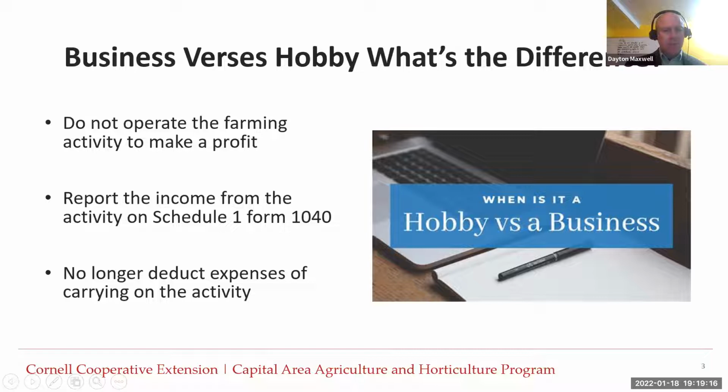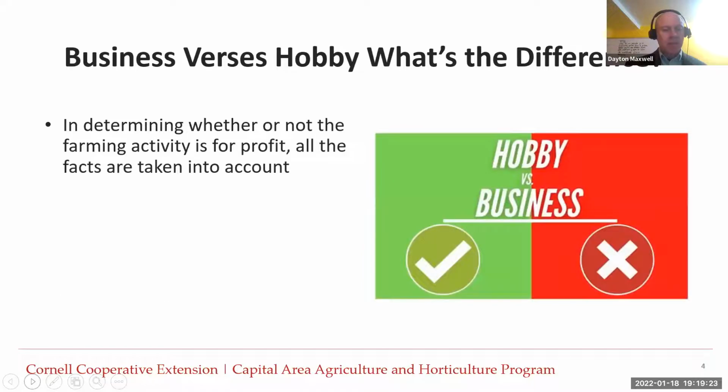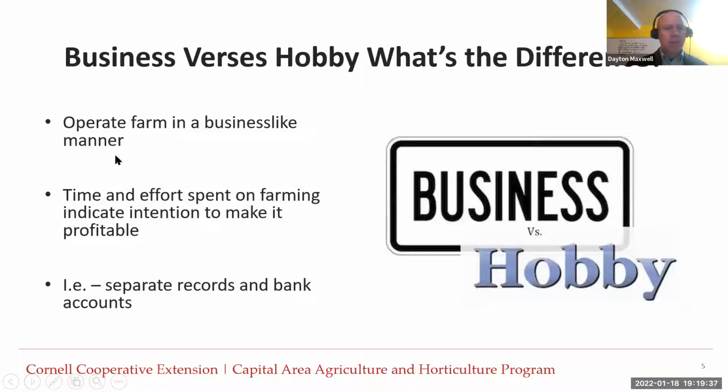All right, so obviously the intent is to be recognized as a business by the Internal Revenue Service. So the IRS looks at a lot of facts to determine if you're a for-profit business or not, and we're going to just kind of go through those.